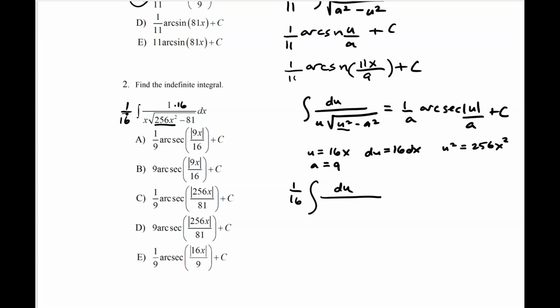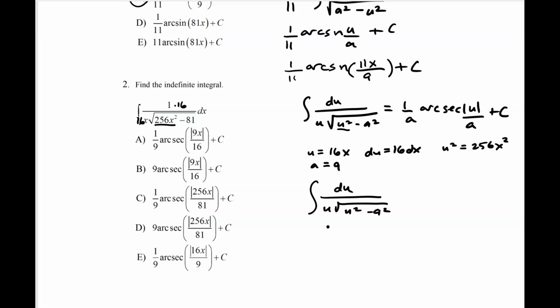So we can steal this 16 and put it right next to the x, so that we actually do not have a 1/16th in front anymore. Let's just write it as the 16 is directly in front of the x. And so that way, this is u square root of u squared minus a squared.